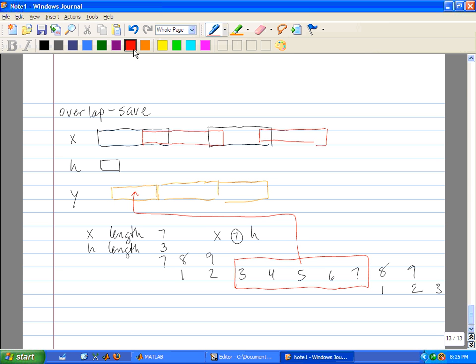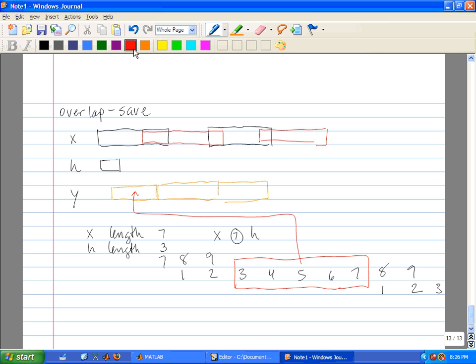So if there's an overlap of 2, then elements 8 and 9 are going to be here, but then they're going to be shifted over by another 2 on account of h. So that brings them to here. And now they're sitting in place of 3 and 4. So you just keep on trucking down the line.